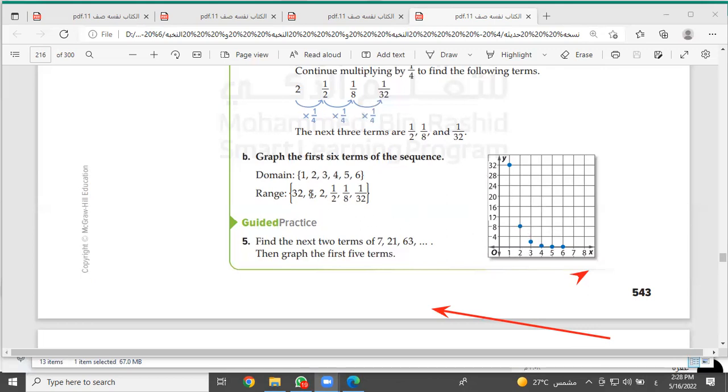Number 3: 8 divided by 4, or times 1 quarter, equals 2, and so on. Look, we have to multiply by a common factor which equals 1 over 4, right? Right.